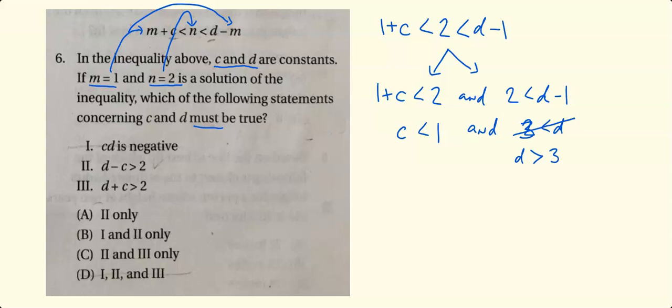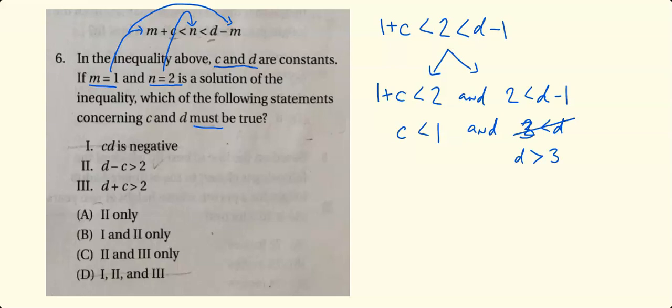Okay, we have to go through each one of these Roman numerals. First of all, CD is negative. We want to know if that must be true. So for CD to be negative, C times D, one of those numbers has to be negative and the other positive.